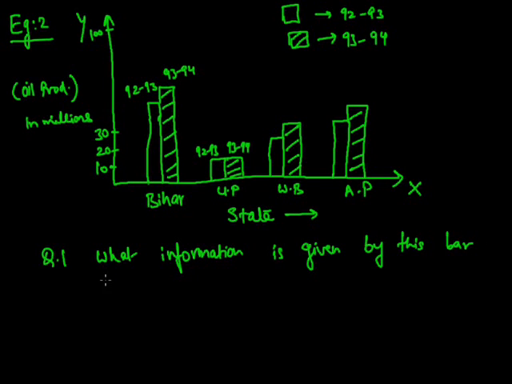So the first question asks what we are able to understand from this bar graph. From the bar graph we can easily understand that the data given is actually based on the oil production in millions of the particular states for two different years, or for two consecutive years, that is 92-93 and 93-94. This is the information given by this bar graph.